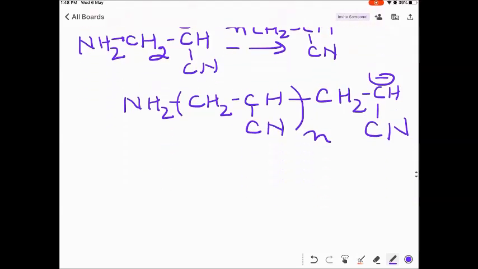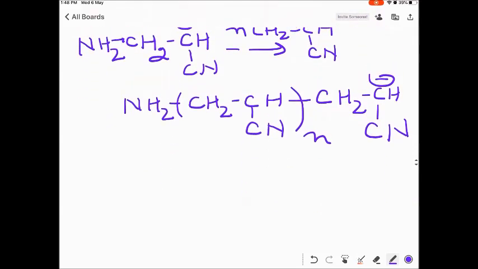Now the chain propagation can occur, and chain termination can occur in a way that from the solvent molecule, for example, if there is water present or ethanol present, there will be a transfer of a proton to this nucleophile. So we can show a solvent molecule here.